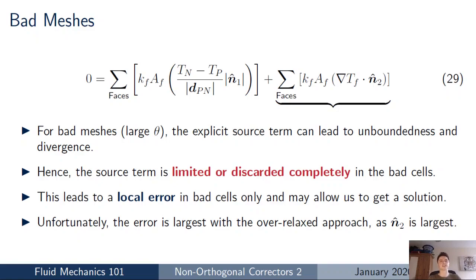And clearly this is a compromise, because the priority with CFD codes is always going to be to get a solution rather than the most accurate solution. So we just accept that if we have some bad cells in the mesh, the solution is going to be locally incorrect, but we will be able to get a solution throughout the rest of the domain.